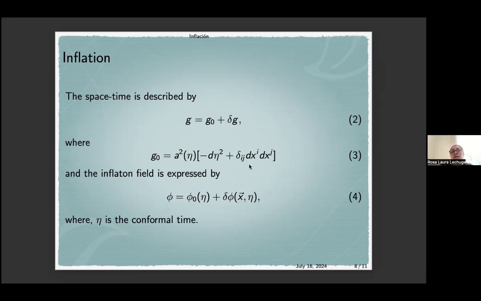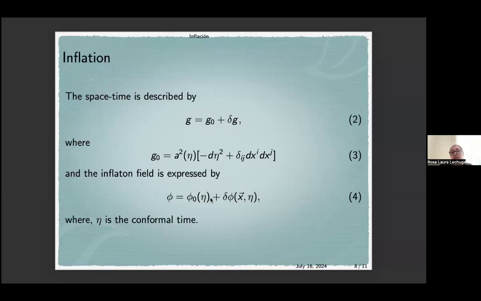This is the part of the metric which encodes the homogeneity and the isotropy of the universe. And those things are representing the perturbations on this background. And for the case of the inflaton field, we have again this mode of the field and the other modes.